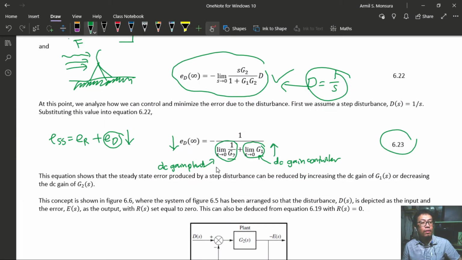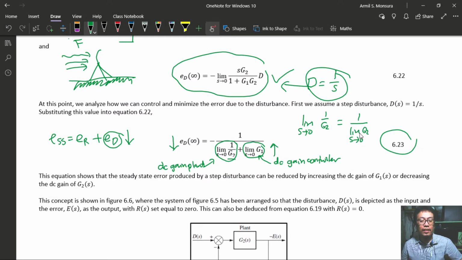Okay? So, ito kasi, yung first expression nyo is simply the limit of 1 over G2 as S approaches 0. Equal din yan sa 1 over the limit of G2 as S approaches 0. So, yung limit of G2, yan yung DC gain ngayon. Okay? That would be the DC gain. Okay?